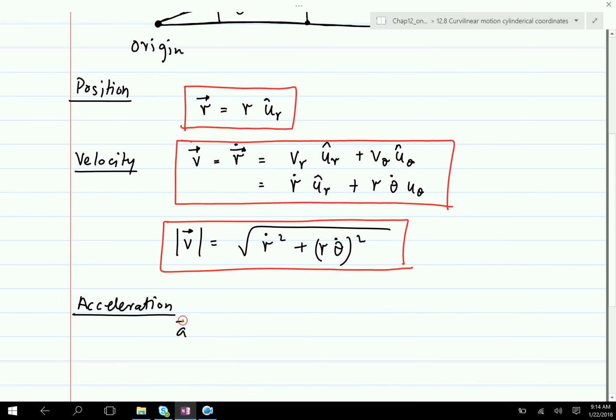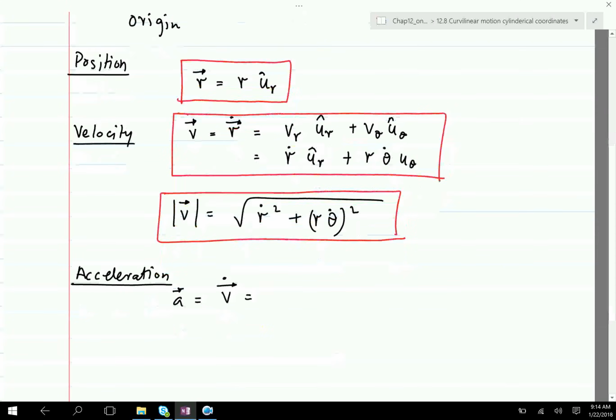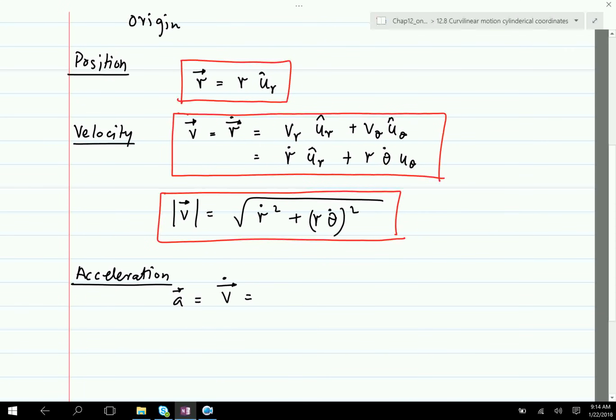Acceleration is denoted by a. That is simply the rate of change of velocity. Again, the book gives a derivation of how to find v dot from that formula. I'm just going to write the formula down. So it's got two components again.